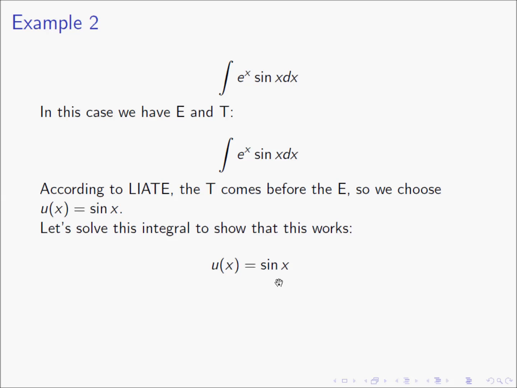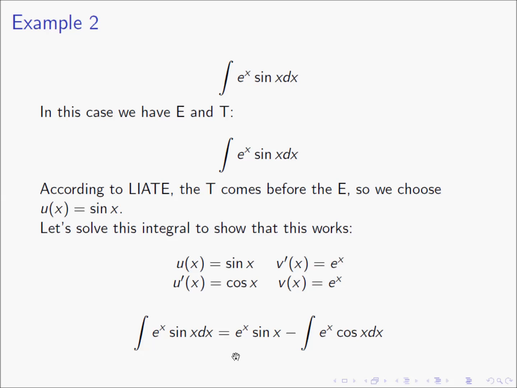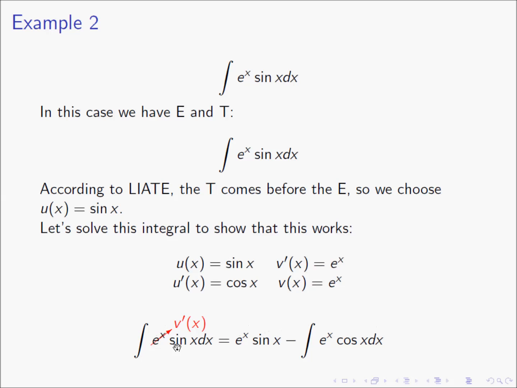We choose u of x equals sine of x, so v prime of x should be the other function, v prime of x equals e to the x. We calculate u prime of x, that will be cosine of x, and v of x, that will be e to the x. Now we simply replace in the formula of integration by parts. Here e to the x is v prime of x, sine of x is u of x.